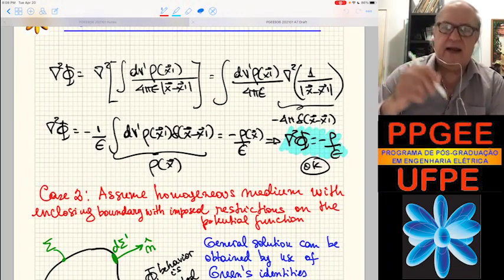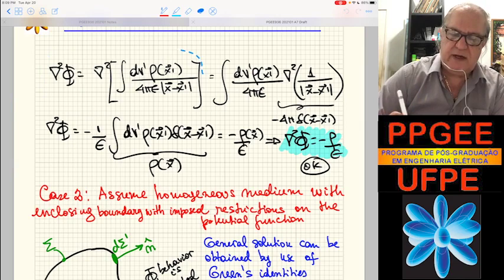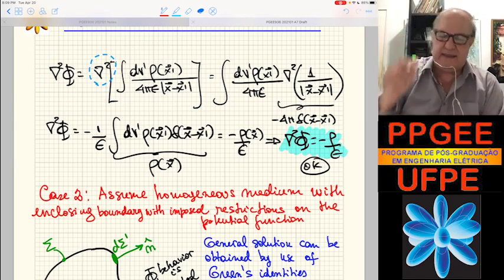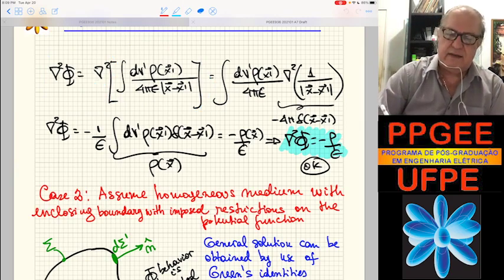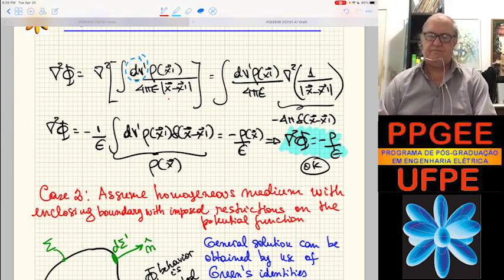Let's calculate the Laplacian of that expression. So we just plug in the expression. Recall that the Laplacian acts on x in this expression here, right? And the integration is being done on the variable x prime. So dv prime is related to x prime.